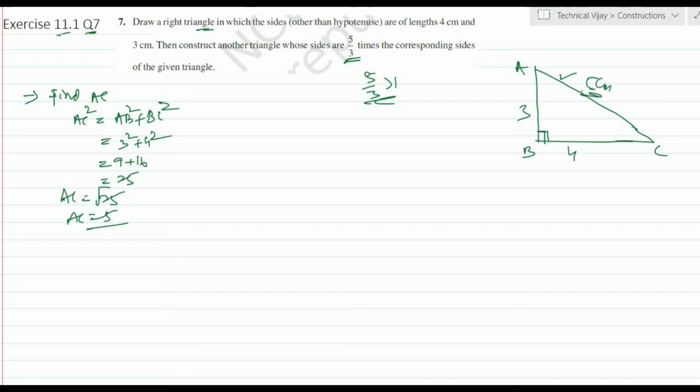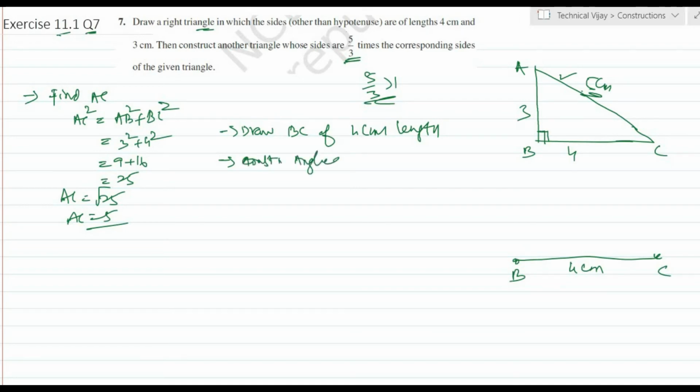So how to construct this one? First draw BC of 4 centimeter length. Then keeping a compass at point B, construct an angle of 90 degree. How to construct?